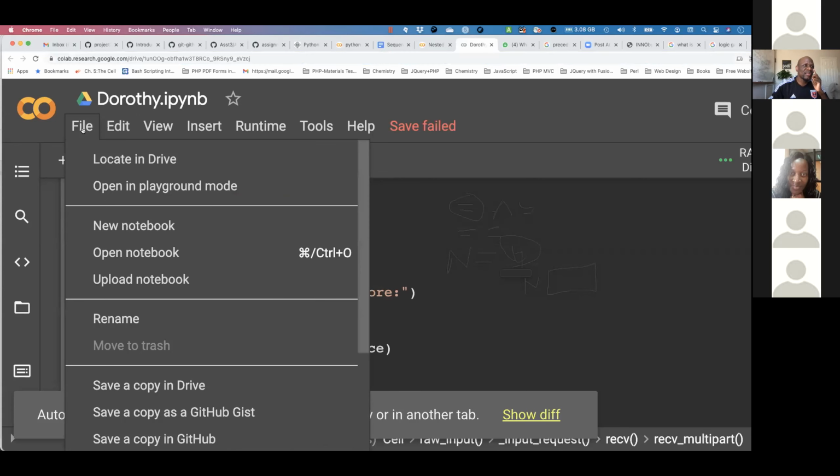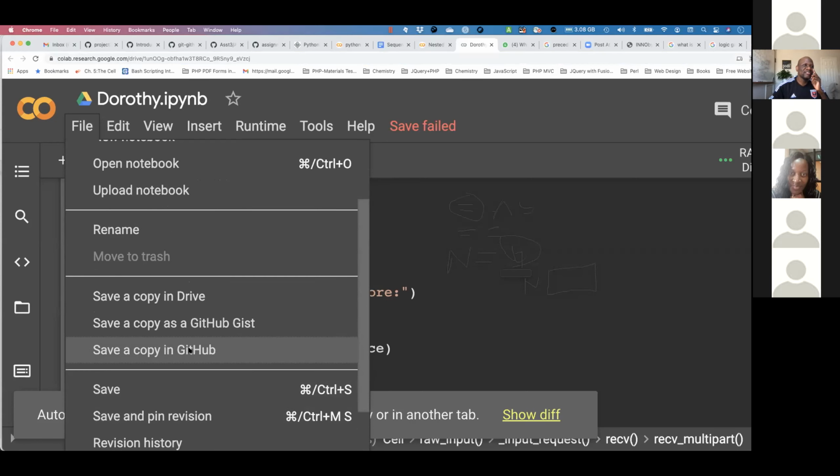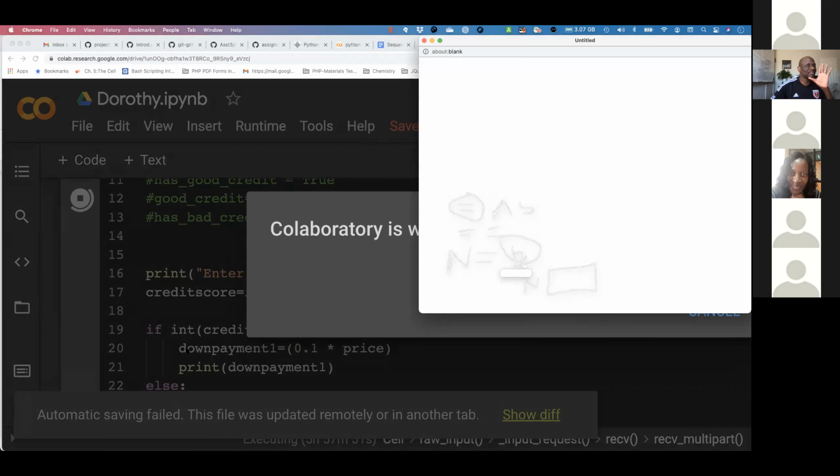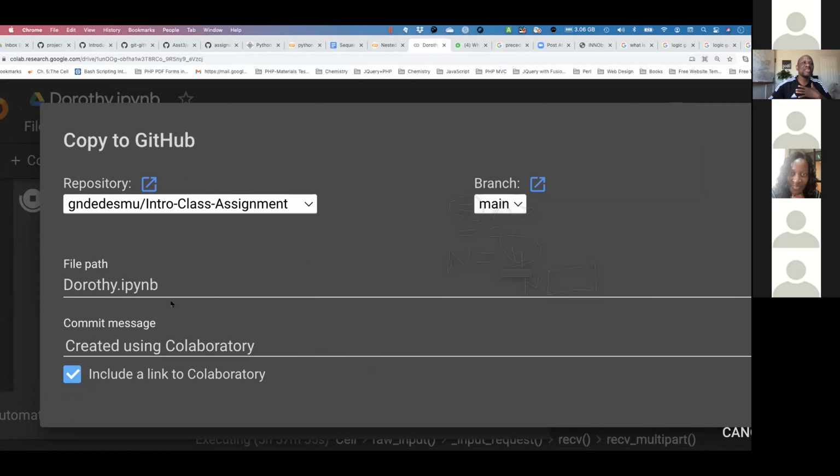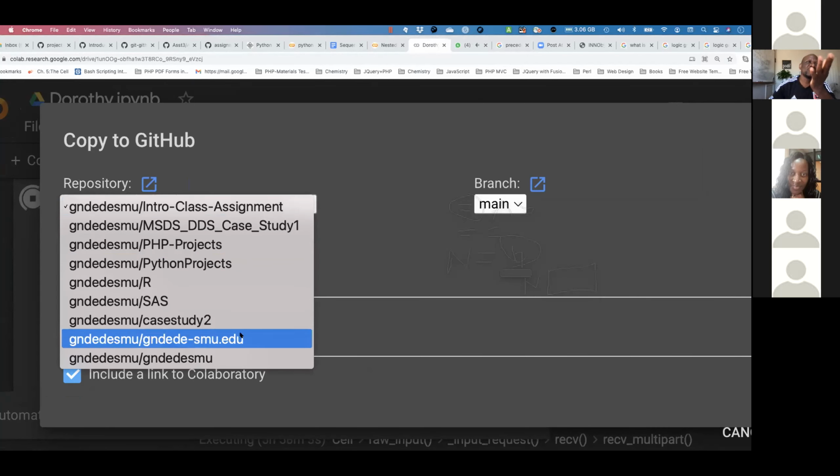If you click on File, you go to this one, and then it gives you another pop-up. For me, this is what I did with Dorothy today. I'm going to save it under Dorothy, but it's going to be in my code. In my Google, I have several repositories.